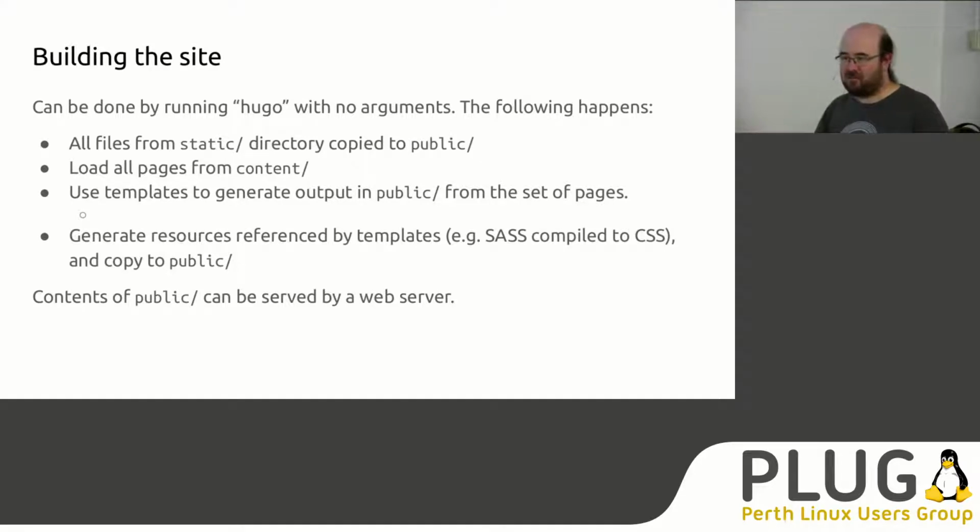In general, that'll run in probably a second or less, depending on how big your website is. Maybe a couple of seconds if you're using some of the image transformations or anything like that, but in general it's fairly fast.